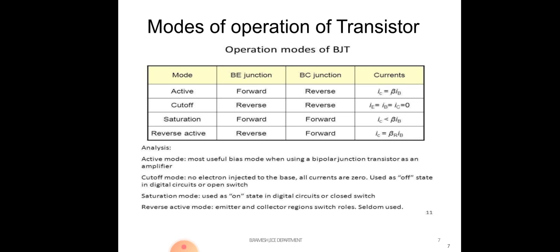Reverse active region: the emitter base junction is reverse biased and the base collector junction is forward biased. Analysis: active mode is the most useful bias mode when using a bipolar junction transistor as an amplifier.